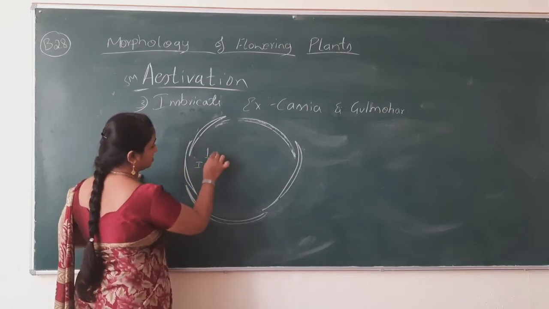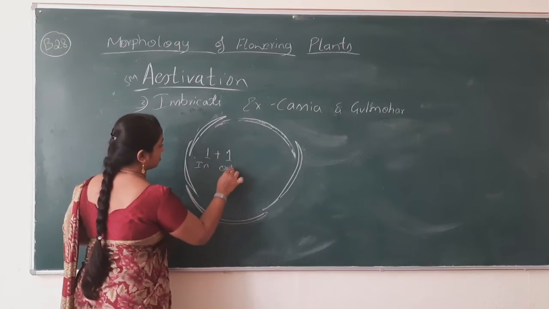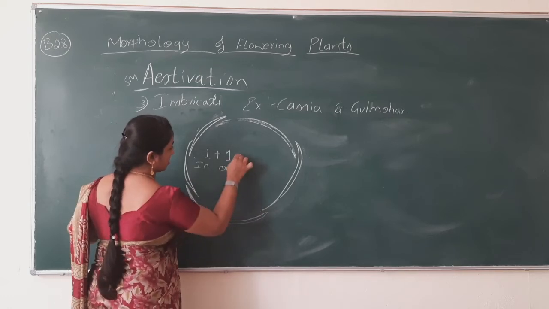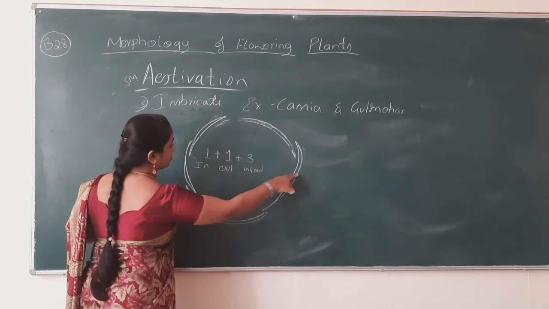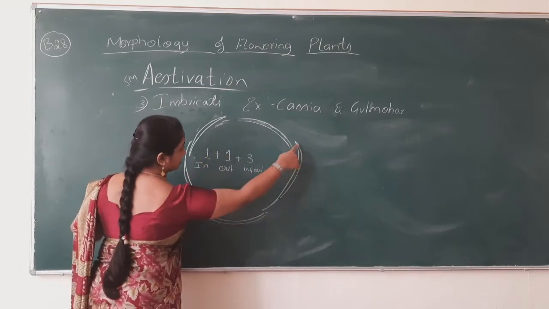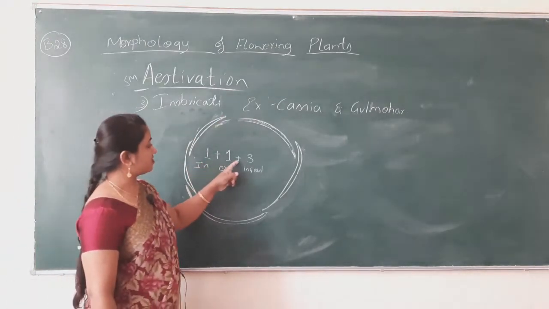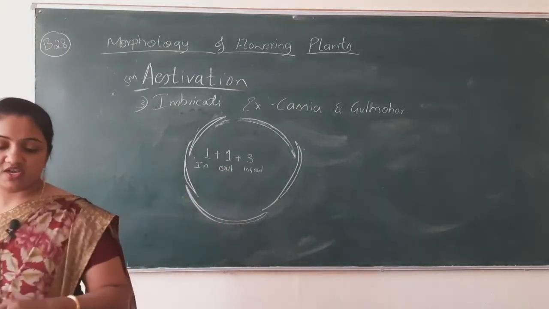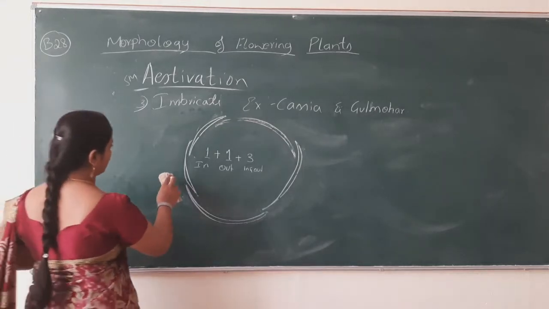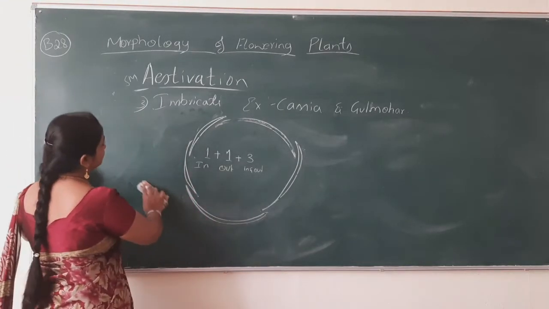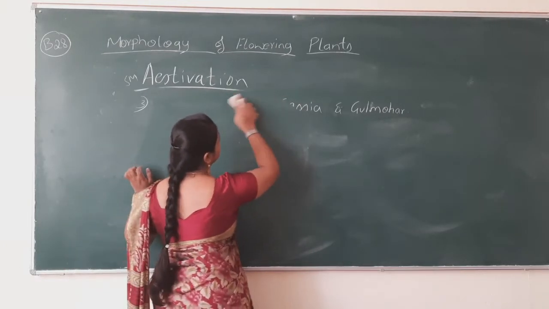One petal is in plus one is out, completely out, and plus 3 is in and out. So 1 plus 3 position. Usually we used to tell only for the purpose of remembering this type of estivation, imbricate estivation. The example is cassia and gulmohar.